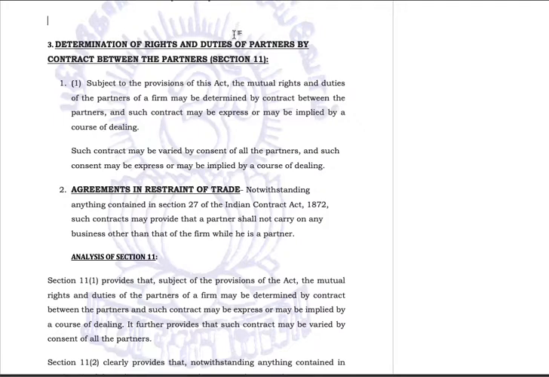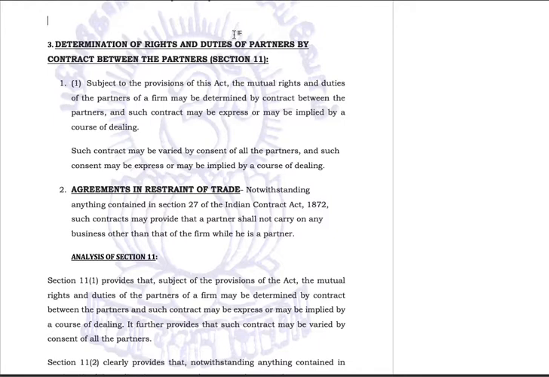Similarly, in a partnership firm, when you enter into a partnership deed, you can delimit, which means you can prescribe different duties and rights to different partners, and every partner must obey those duties and is entitled to enjoy the rights allowed as per the contract.